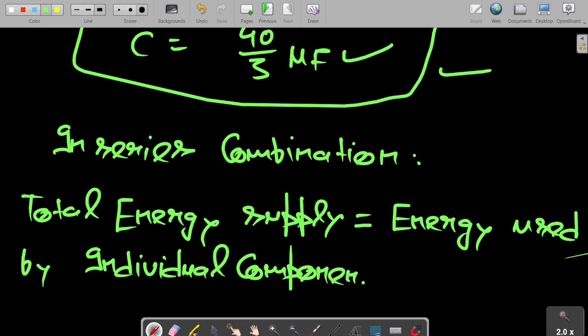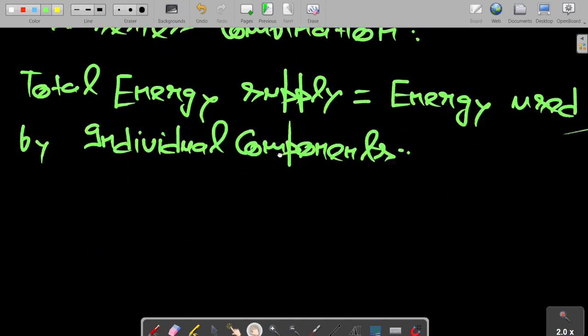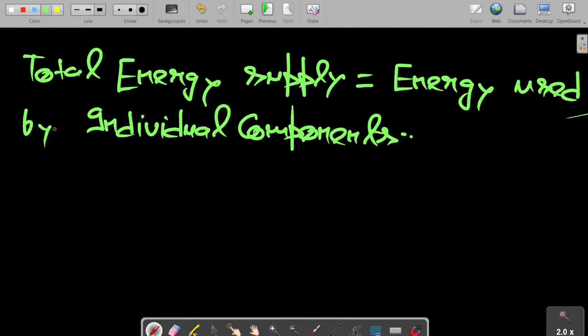Here the total energy supply is V, that is our voltage supply, and it is equal to 500 volt, and it is equal to V1 plus V2 plus V3.